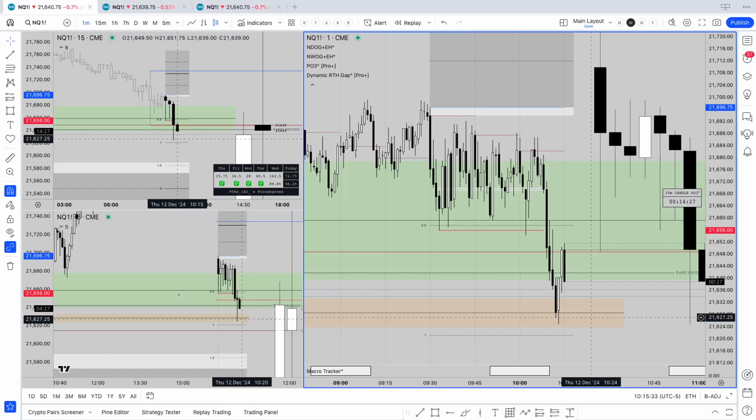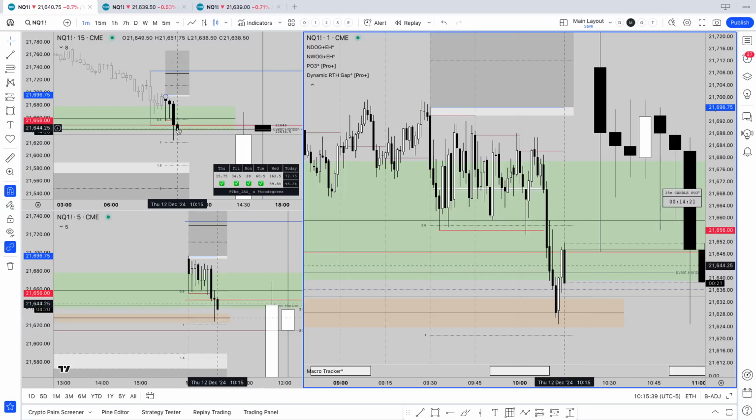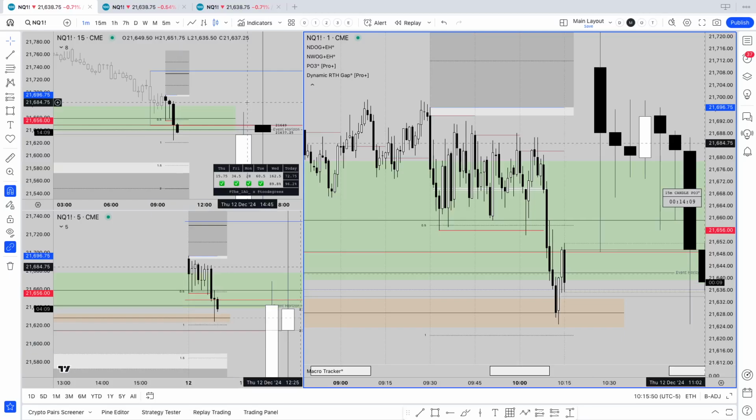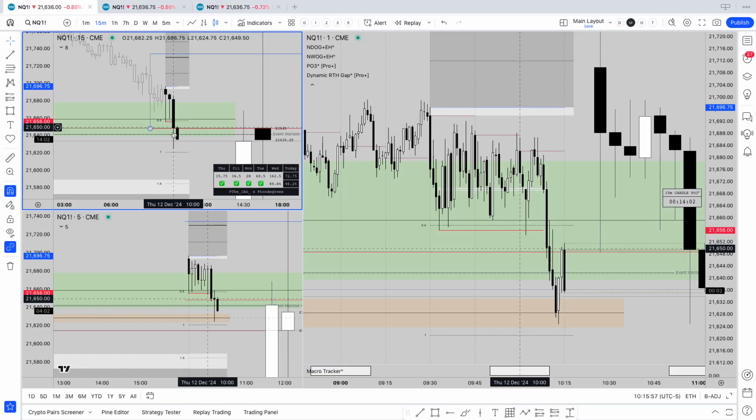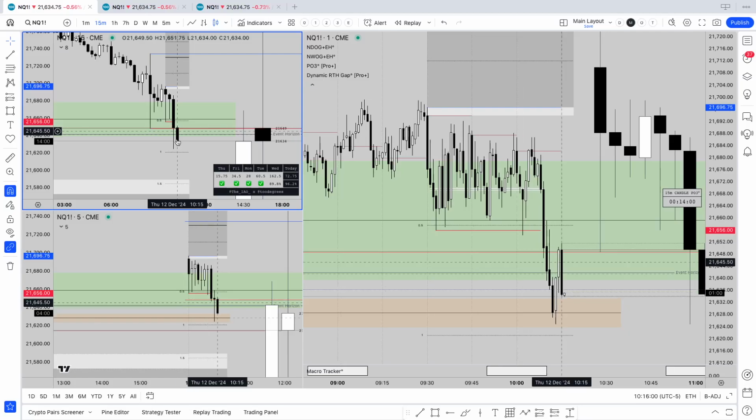But if we are going to reverse, we should look for the formation of that swing point. This is basically what MMXM, the market maker models, is. So you have now just one candle here, and this candle is printing.